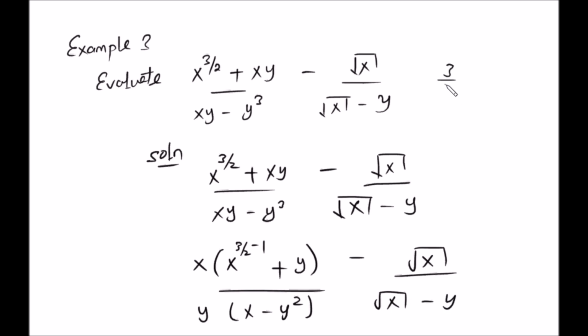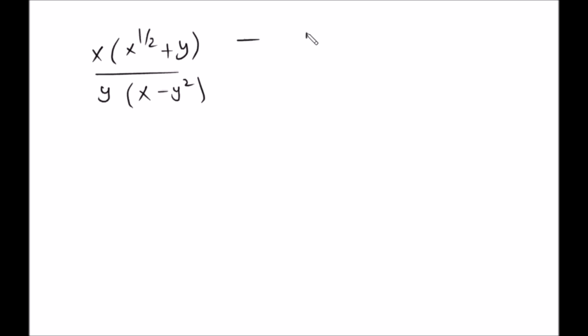So this 3 over 2 minus 1 is equal to 1 over 2. So here I remain with x power 1 over 2. So here we have x power 1 over 2 plus y over y. So here below we have x minus y squared, and then minus the square root of x over the square root of x minus y.